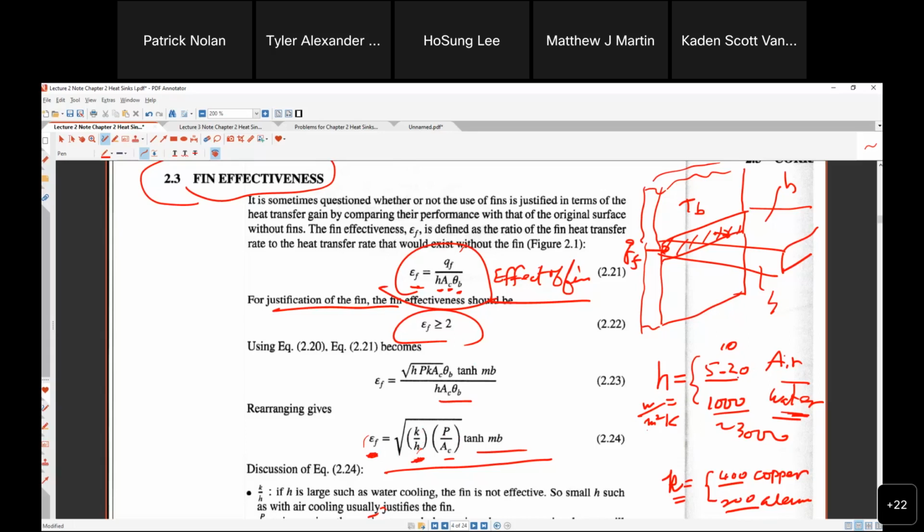How about the air? k is 400 or 200, air h is 5. This is going to be high. So do we need a fin or not? Yes. That's why, look at the radiator of a car, gasoline engine. I think everybody knows what a radiator looks like.